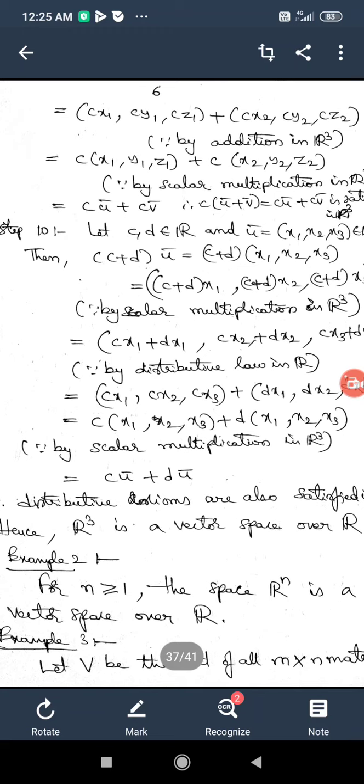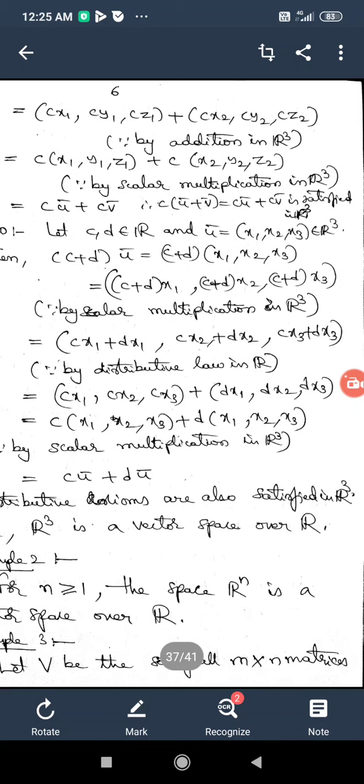So this is equal to c plus d times x1, c plus d times x2, c plus d times x3, and this we can write as cx1 plus dx1, cx2 plus dx2, cx3 plus dx3 by the distributive law in the set R.